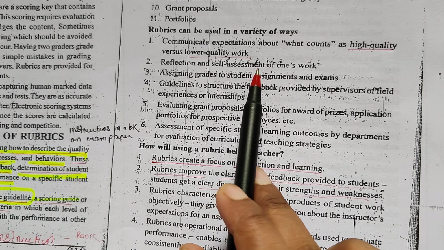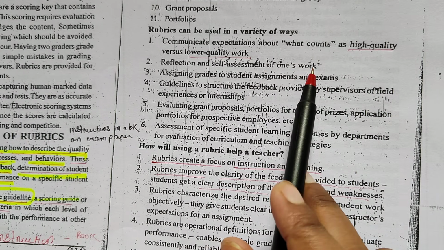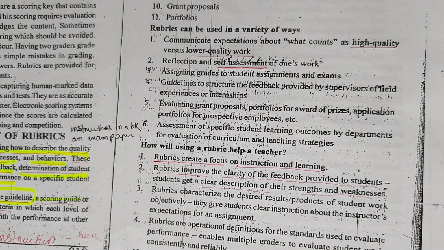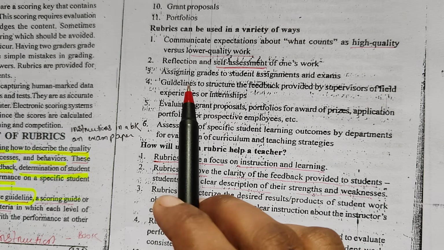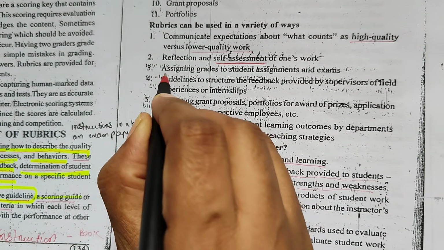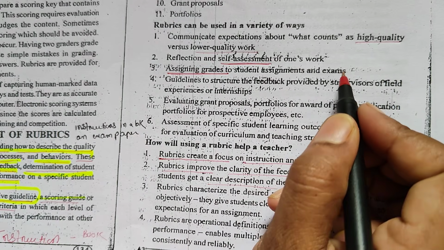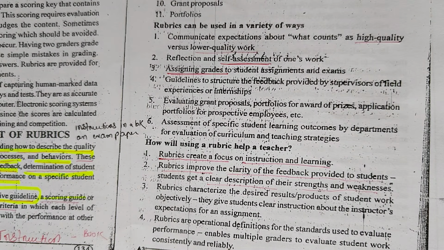Reflection and self assessment of one's work, self assessment, to evaluate oneself, what do we use? Rubrics. Assigning grades to students, assessment and exam. When you are assigning grades to a student, A plus or B plus or C plus, A grade or B grade, to assignment and their exam.